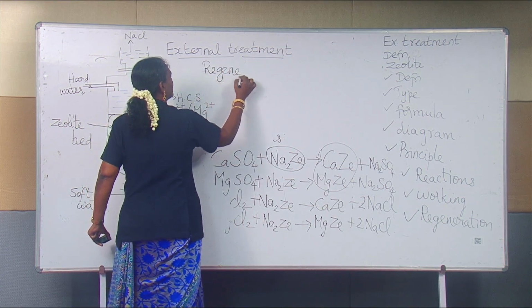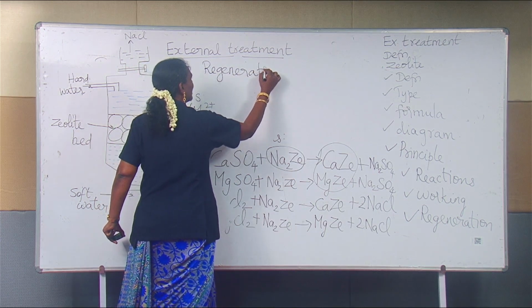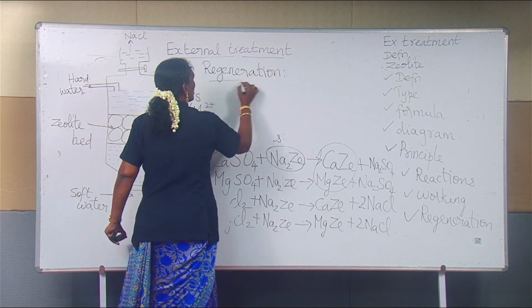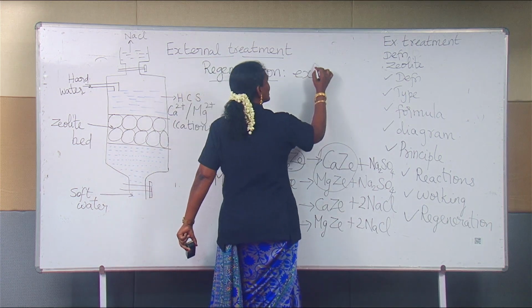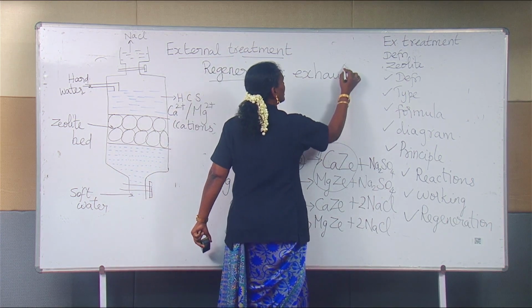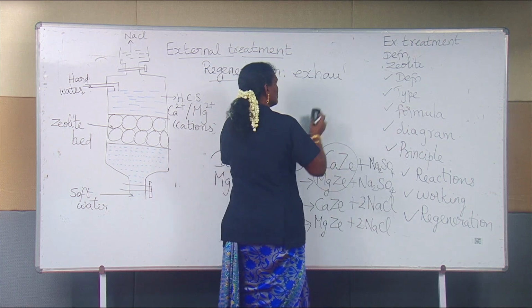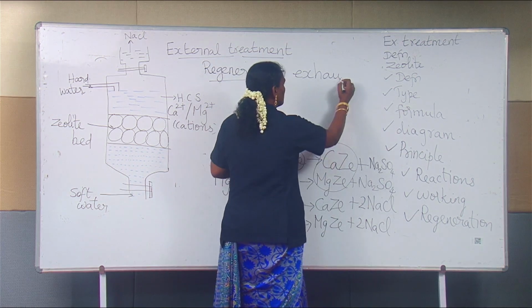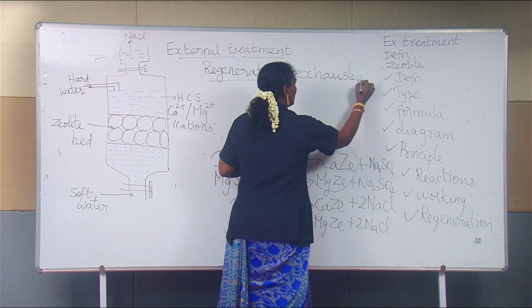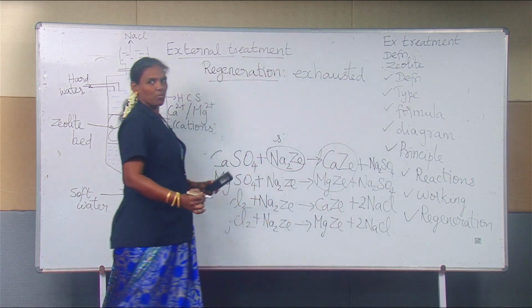Regeneration. Here, which word do they expect? Exhausted. What is the meaning of exhausted? That is, no Na+ ion is available for the exchanging process.